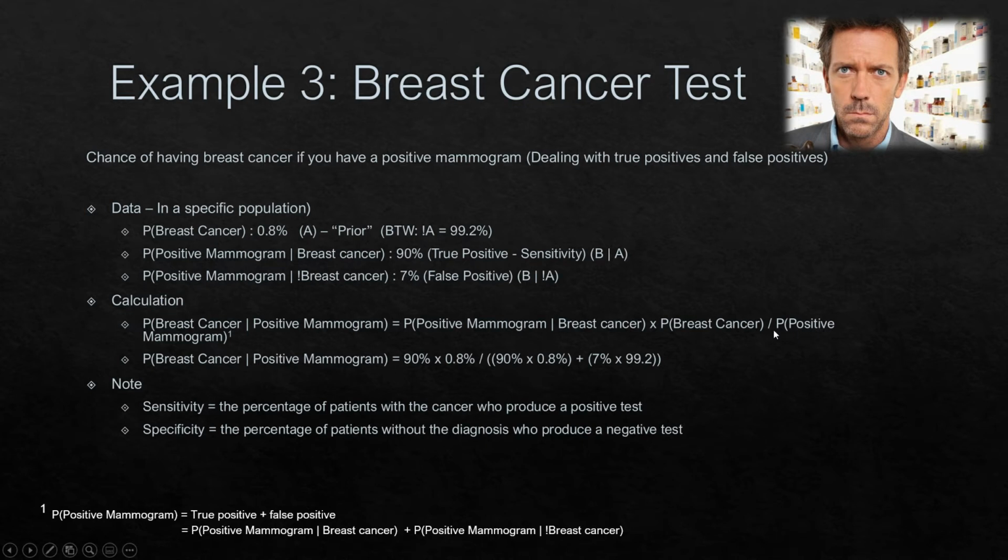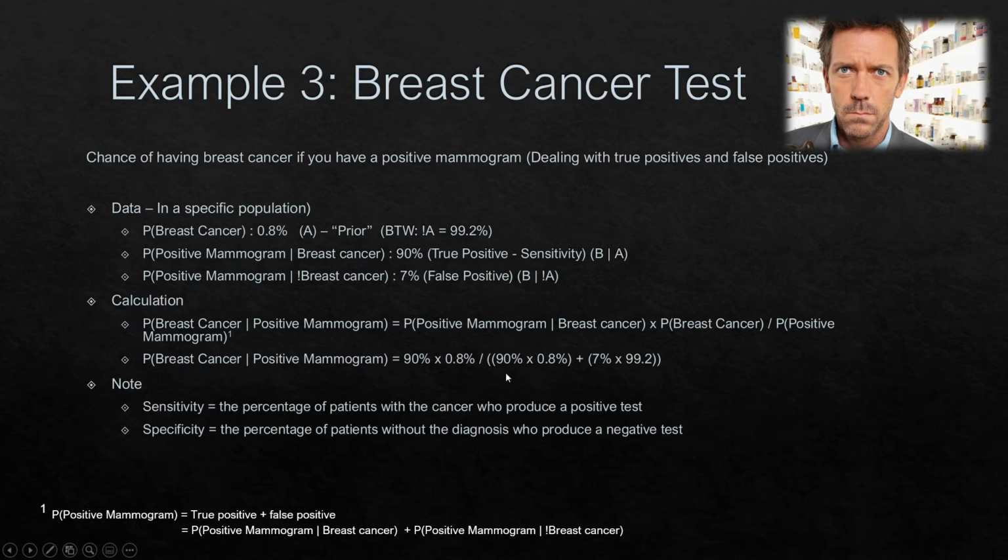And again, a positive mammogram is made up of the chance of someone having breast cancer and getting a positive mammogram, and the chance of a person not having breast cancer and getting a positive mammogram, which is our false positive side of things.